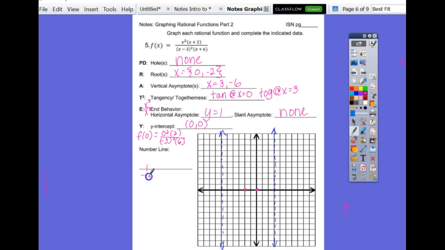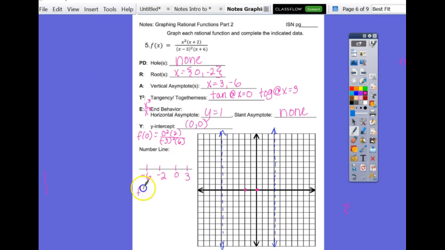So I'm going to have -6, I'm going to have -2, I'm going to have 0, and 3. So then I have to test for positive and negative. So if I test -7, and if I look at the graph, I don't have any points over here. So I'm going to go ahead and have to find a point over here anyway.